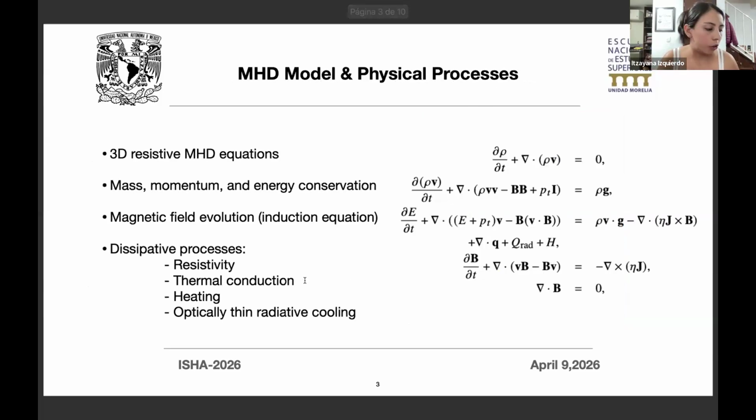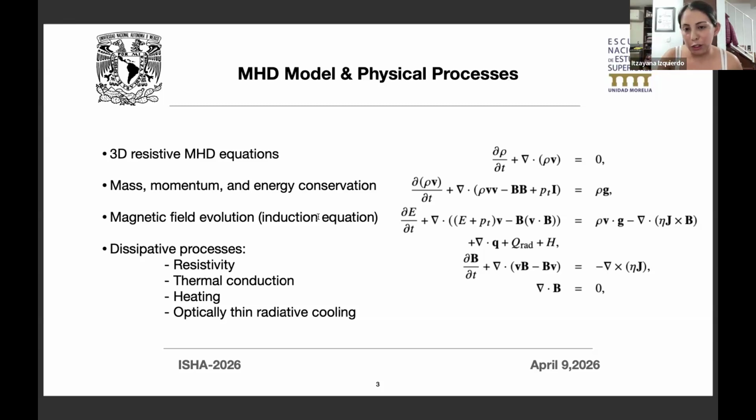And for that, we solve the 3D resistive MHD equation system that includes mass, momentum, and energy conservation, and describes the magnetic field evolution through the induction equation.